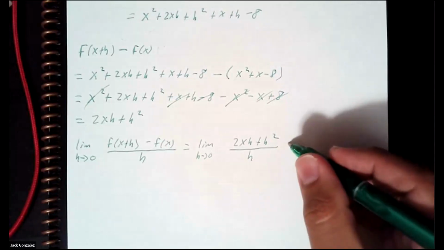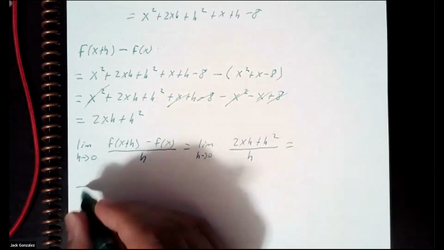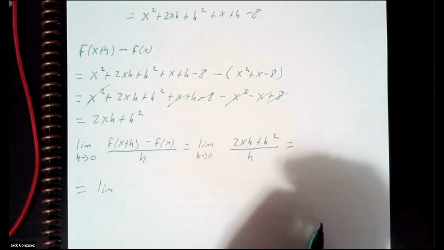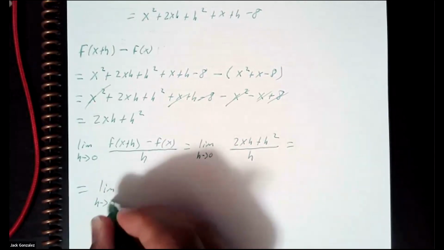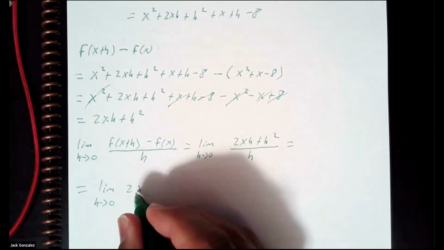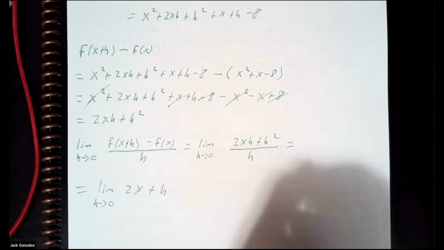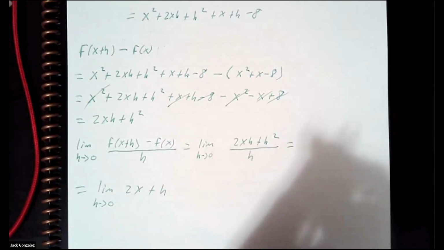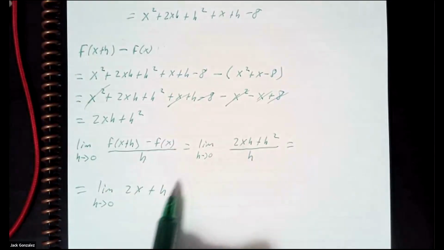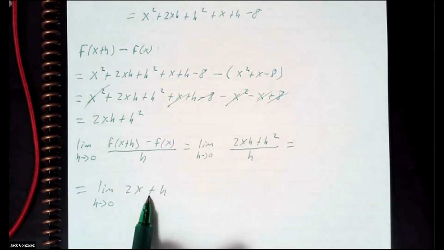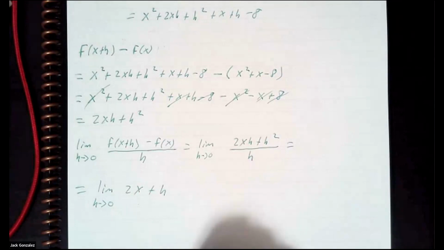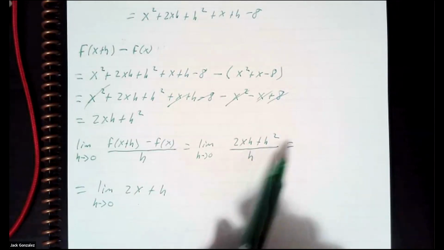So this will become, let's put it down here, the limit as h goes to 0 of 2x plus h. I skipped a small algebra step. You cool with this from here to here? Let me know, I can add another detail.